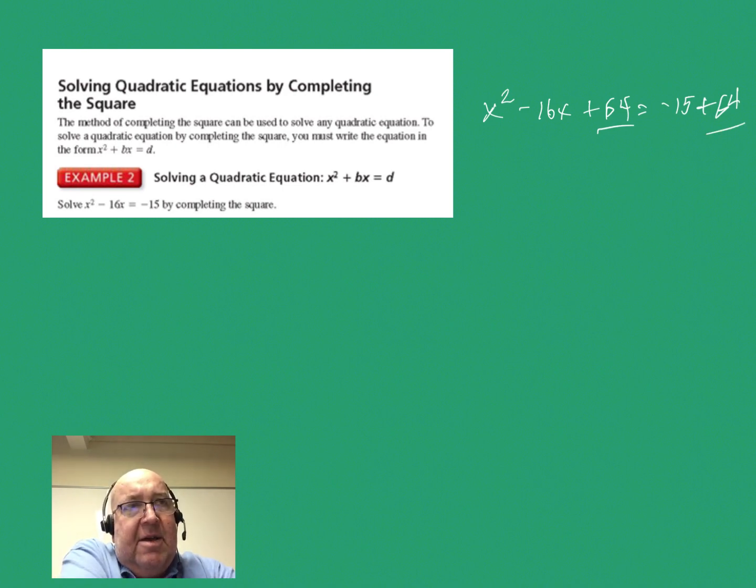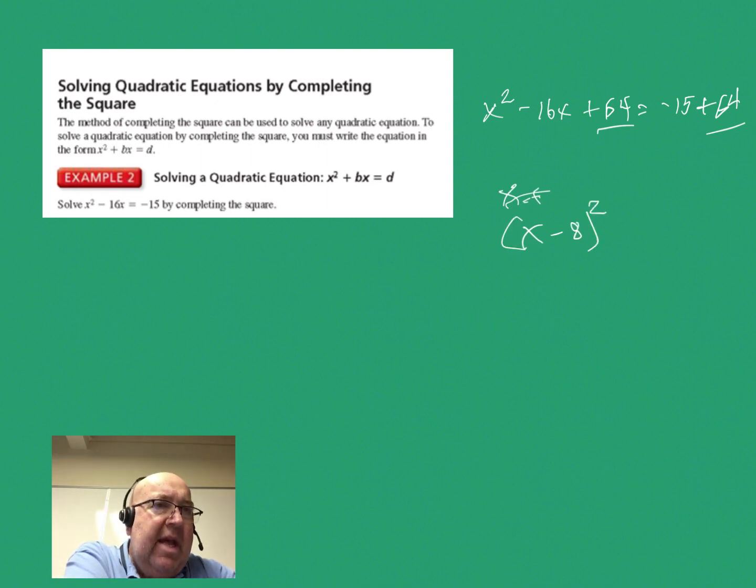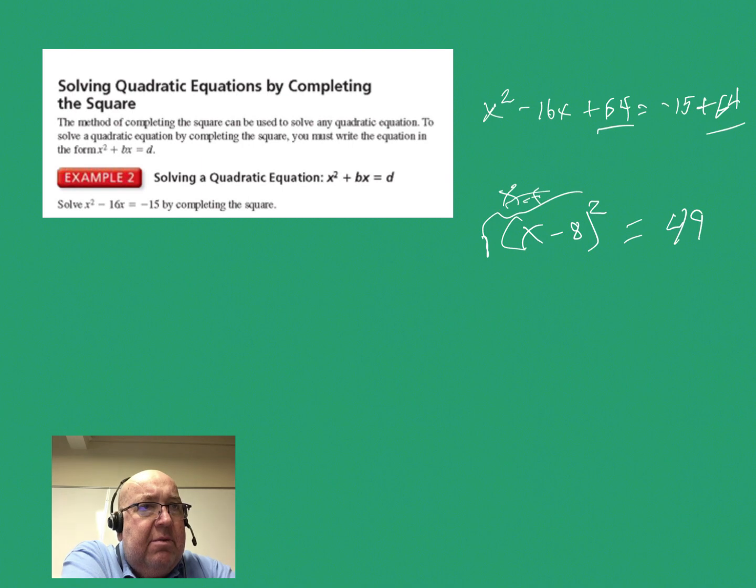This is going to become x minus 8 squared, and that's going to equal 49. At this point, you can take the square roots of both sides.